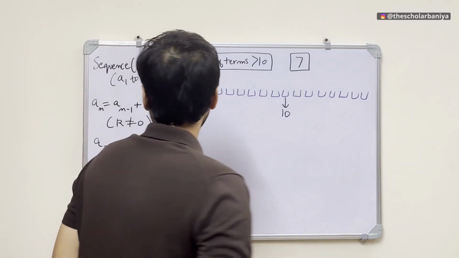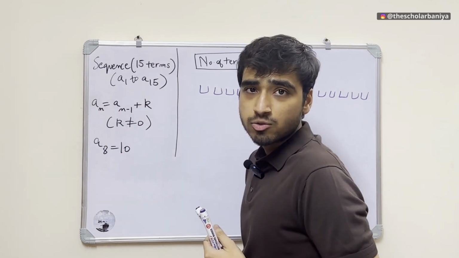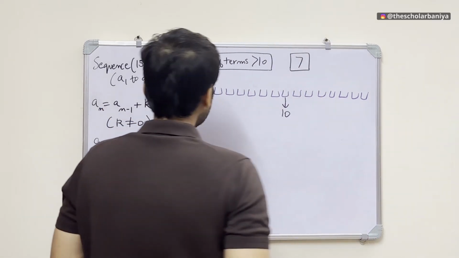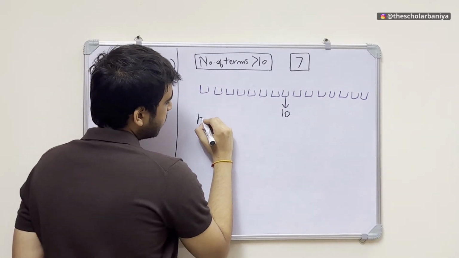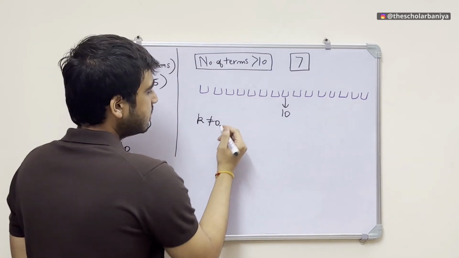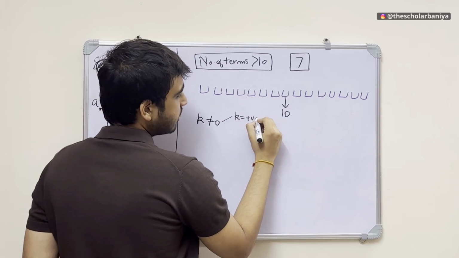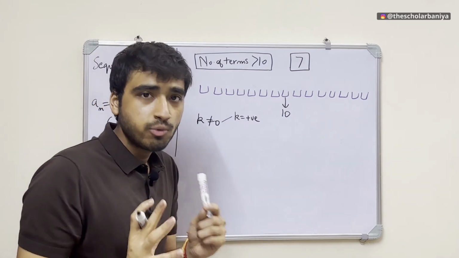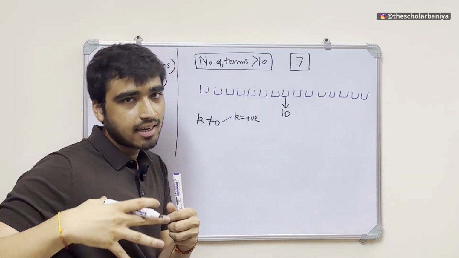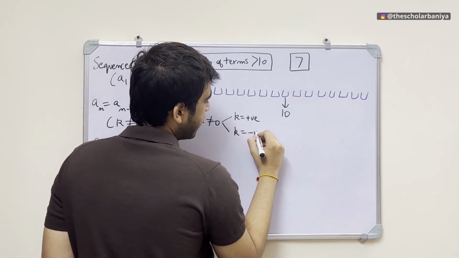Okay, perfect. We also know that an = an-1 + k, and that k is not equal to 0. That means that k can either be positive or negative.